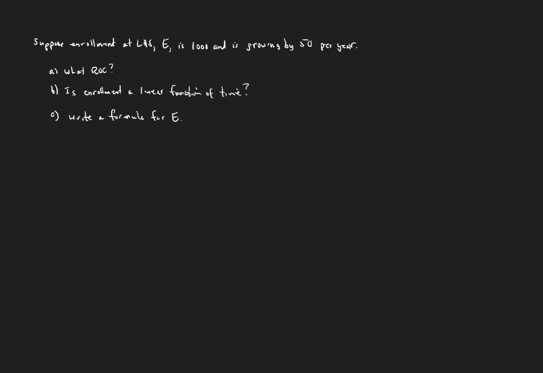Since it's growing by 50 per year, that means that our rate of change is constant. And so that average rate of change, also known as our slope, is going to be 50. Is it a linear function in time?